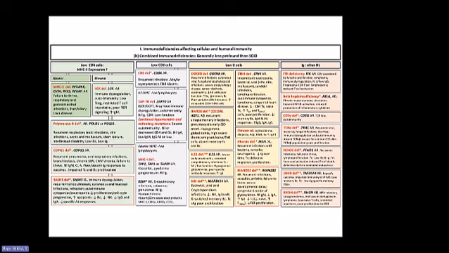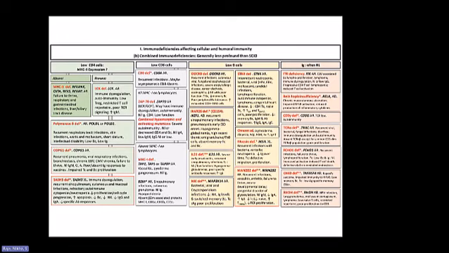So, MHC class 2 defect can lead to low CD4 cells. These are patients who present with respiratory and GI infections and liver disease.